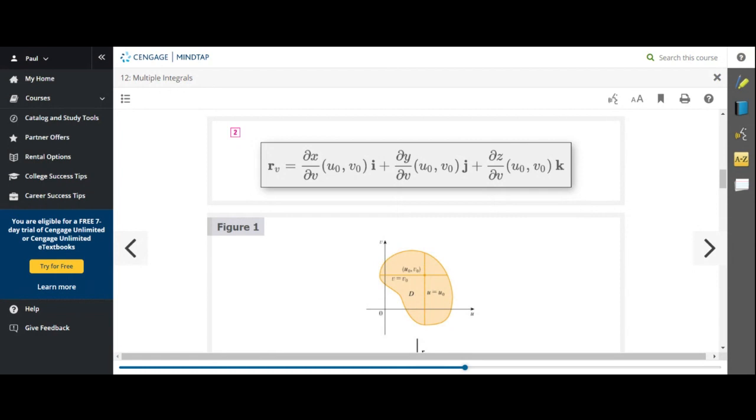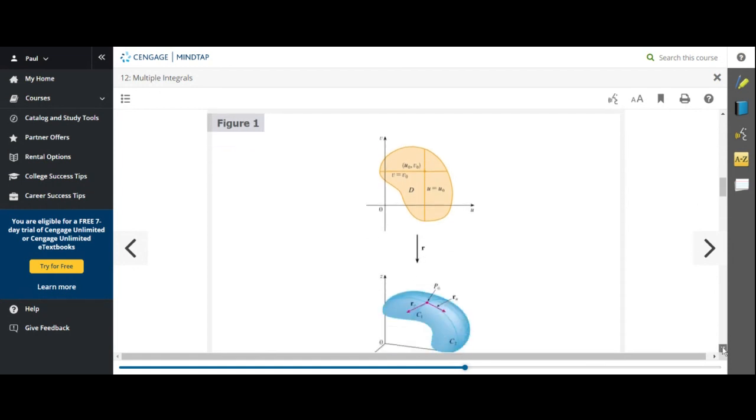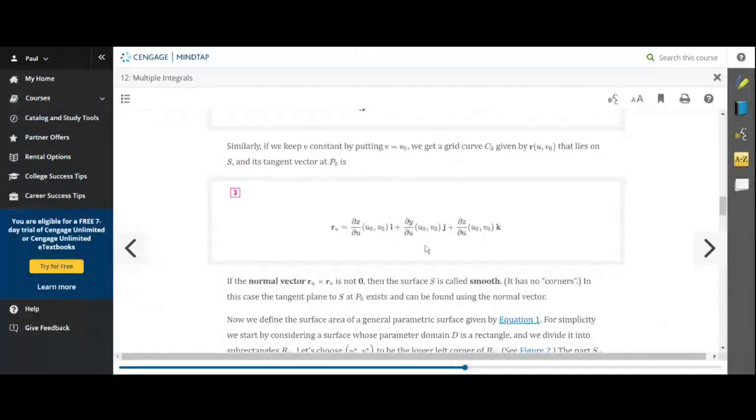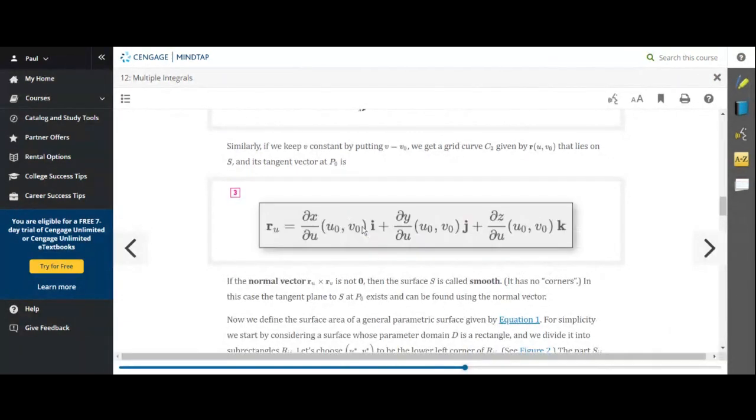And if you are going to find the derivative of your vector function with respect to u, you would take the derivatives of the coefficient functions for I, J, and K, holding v constant and differentiating with respect to u. And you've learned about this.